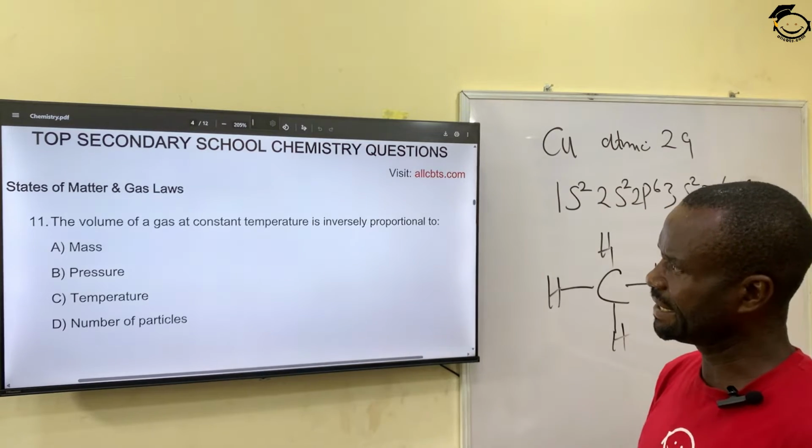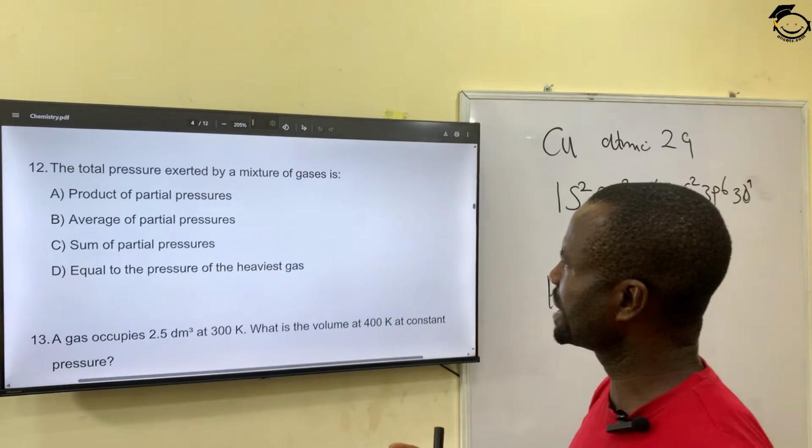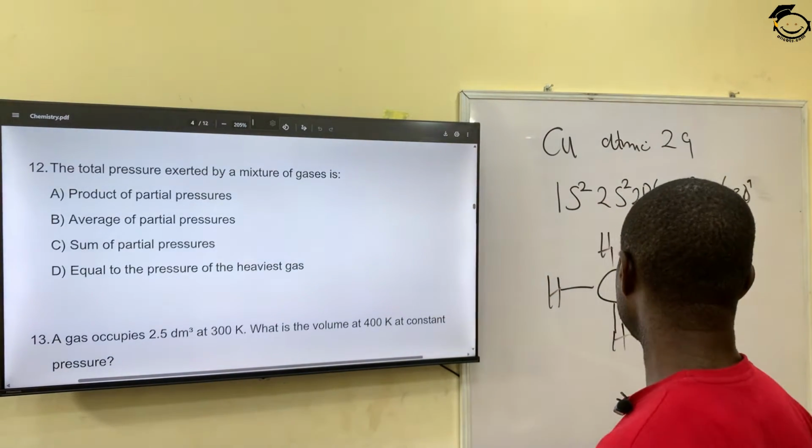Number 12 question says, the total pressure exerted by a mixture of gas is, you see, total pressure.